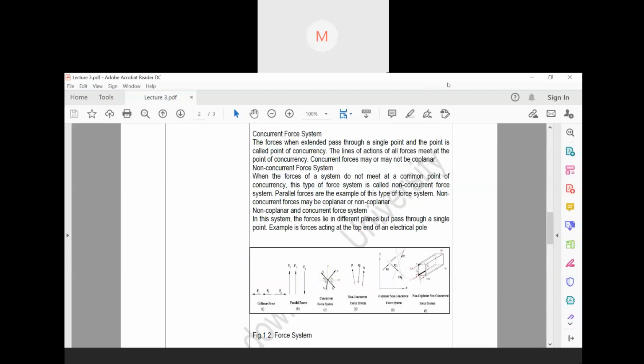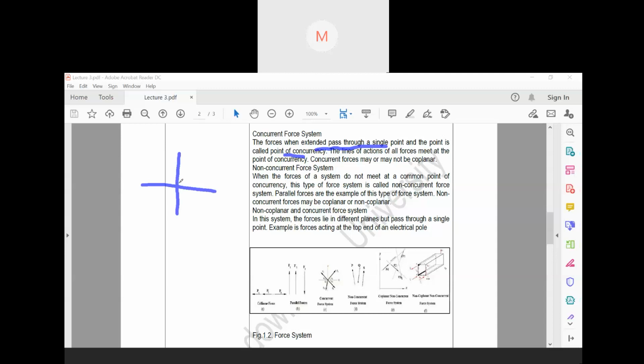In concurrent force system, the forces when extended pass through a single point, and the point is called point of concurrency. If you look at this diagram, suppose this is the xy axis.